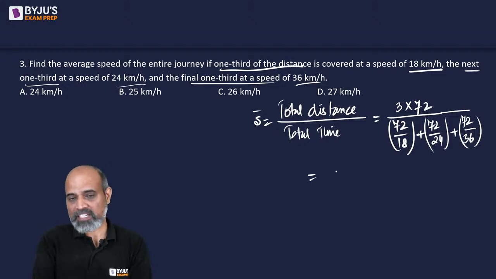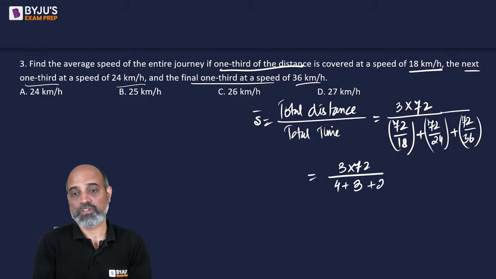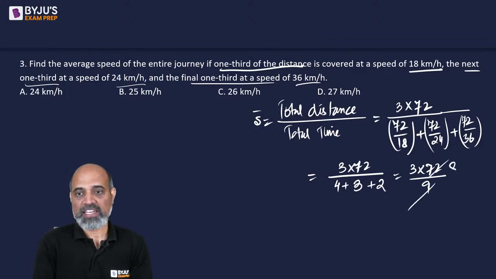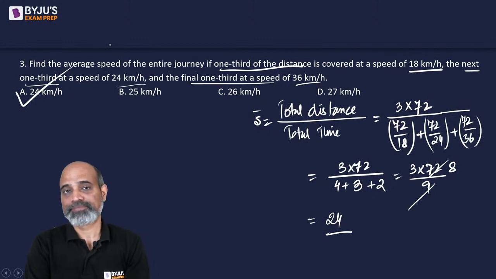This is going to be easier to solve, because 72 by 18 is 4, 72 by 24 is 3, and 72 by 36 is 2. So this is nothing but 3 times 72 by 9, I believe. 9 into 8 is 72, so 3 into 8 gives us 24, and 24 is an option.